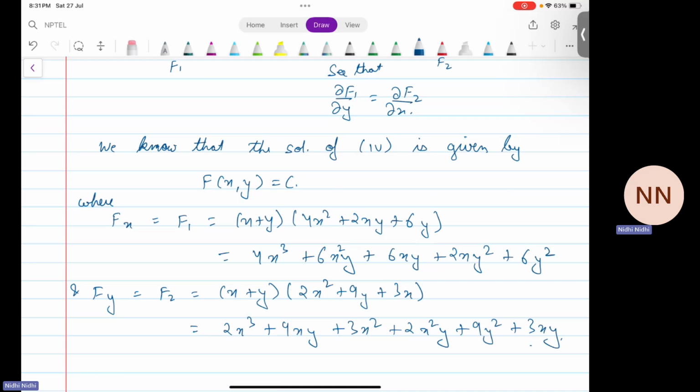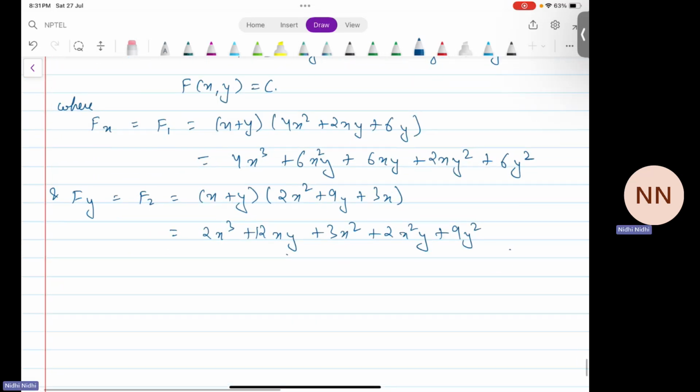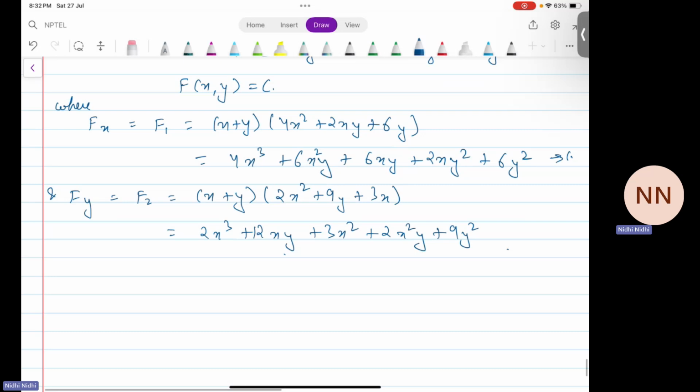Now this 3xy and 9xy gives us 12xy, so let's replace it by 12xy. Let's number these equations as fifth and sixth.